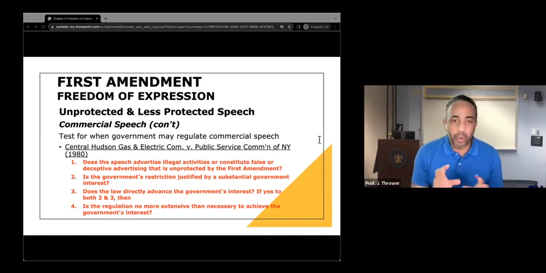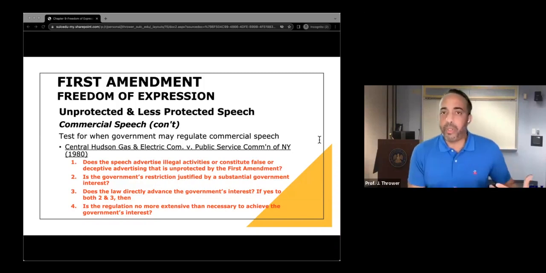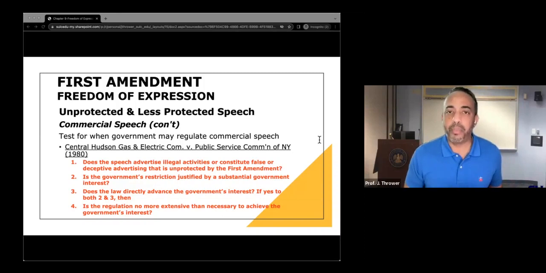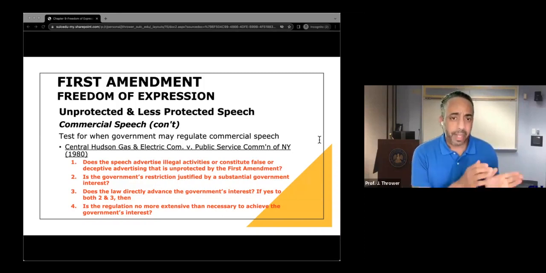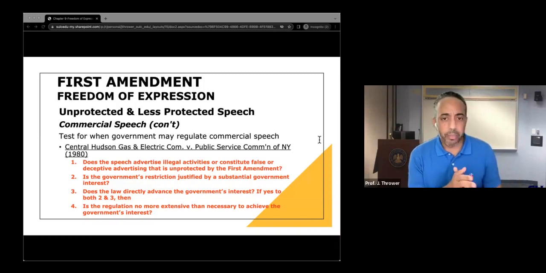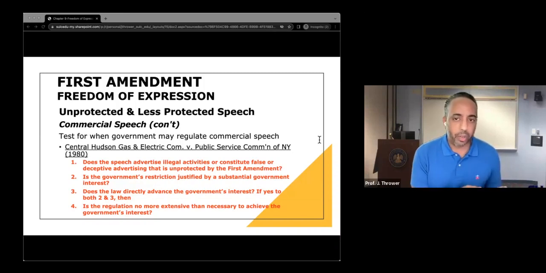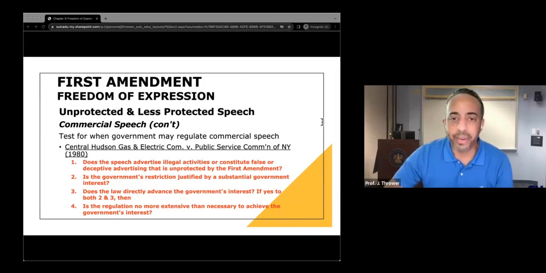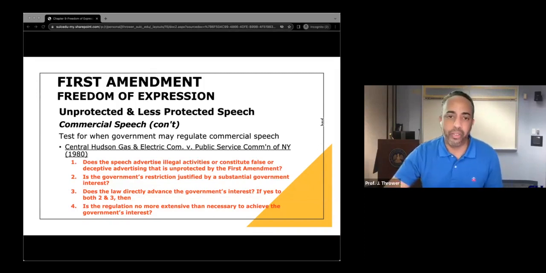And so when you take 2 and 3, you should be comfortable now to know that definitely sounds like intermediate scrutiny. If the answers to both the second and the third prong are yes, then the court asks, is the regulation of speech no more extensive than necessary to achieve the government's interest?